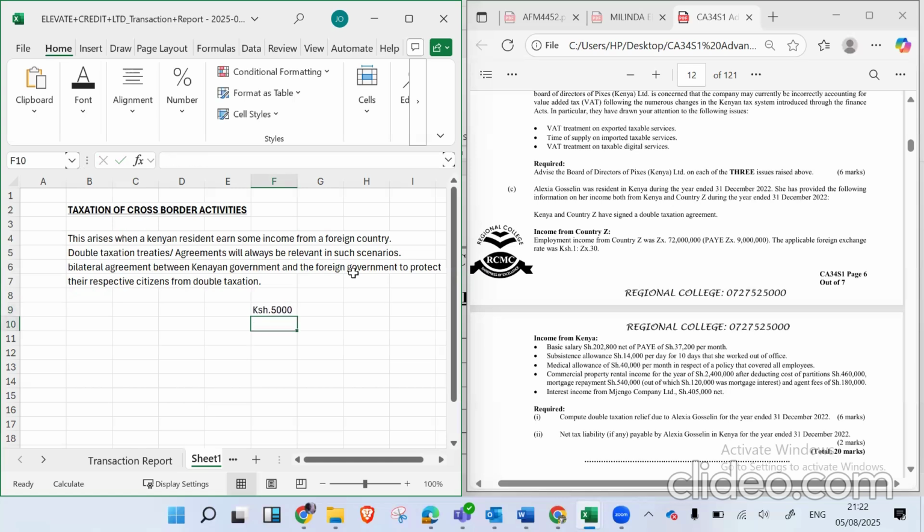Then on that very income we come in Kenya and calculate the tax, and we discover that ile tax unafaa ulipe ni Kenya shillings 7,000. And this is the tax that you're supposed to pay in Kenya on that foreign income that you earned in Uganda.